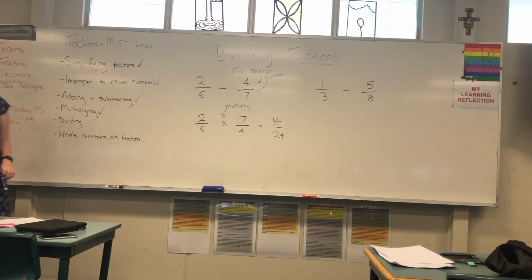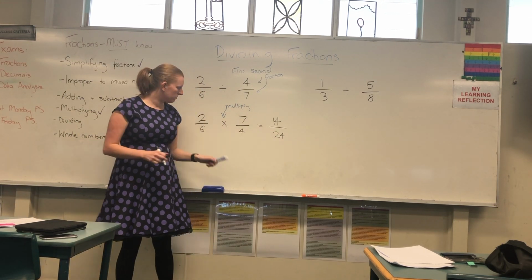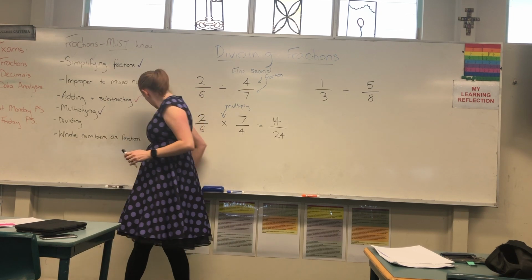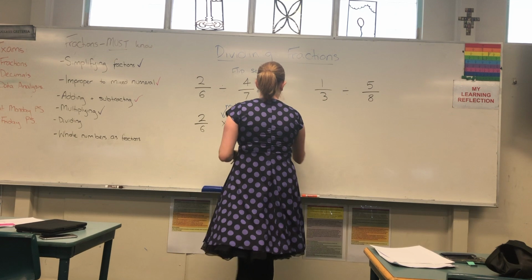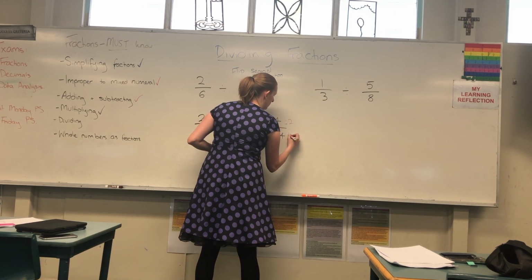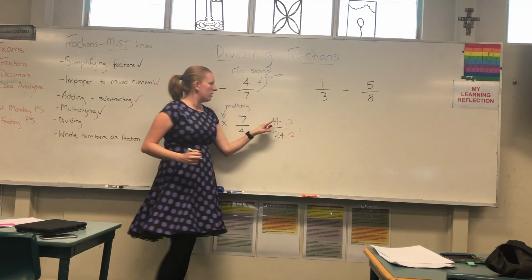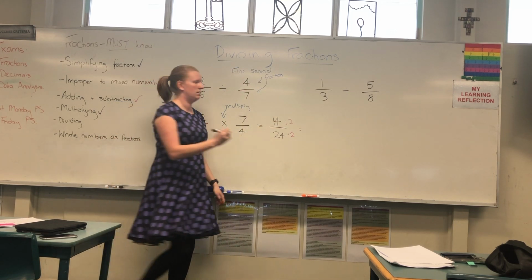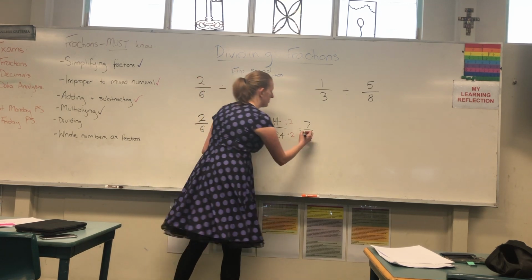Both of these numbers are even, so I can simplify. What am I going to divide by? Divide by 2, divide by 2. 14 divided by 2 is? 24 divided by 2 is? Happy days.